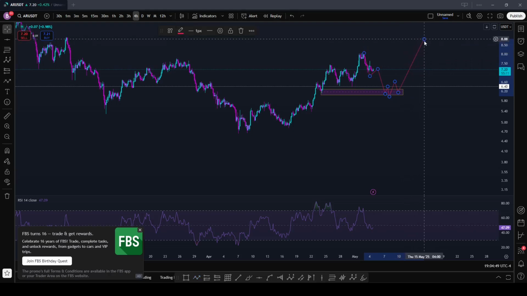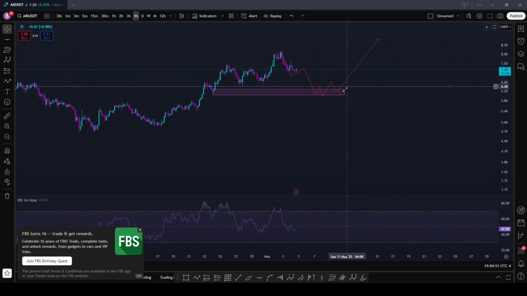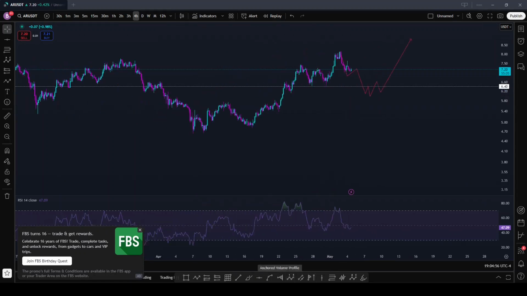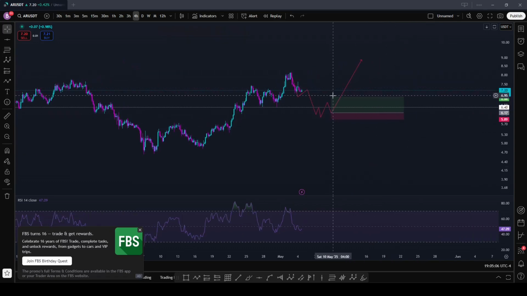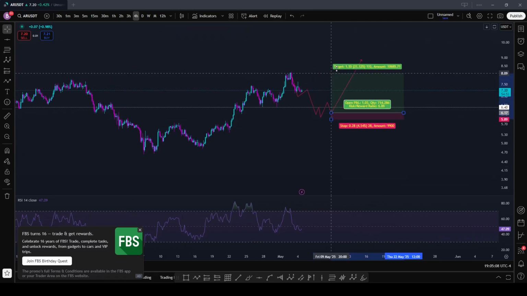The most important thing always to remember is why I'm telling you to have your entries on the low time frame: when you enter that trade around this zone here, you see, when you put your stop loss just below this zone, you have a better risk to reward, because if price does go and sweeps this high, you can see that already that is a 7R trade.